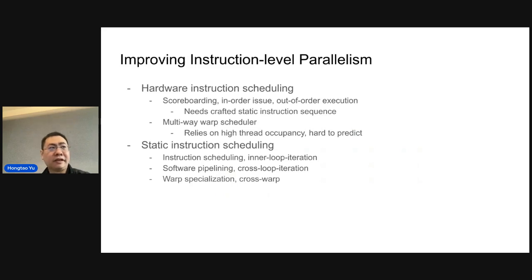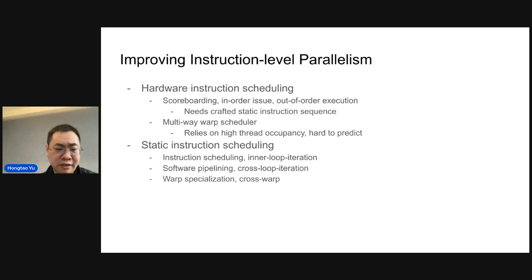The main benefit of warp specialization is to improve instruction level parallelism. It provides some improvements on top of the hardware instruction scheduling support. The hardware's dynamic instruction scheduling isn't really as powerful as on the CPU side, so the compiler needs to do a better job here.